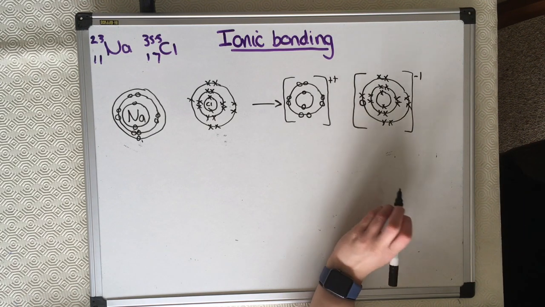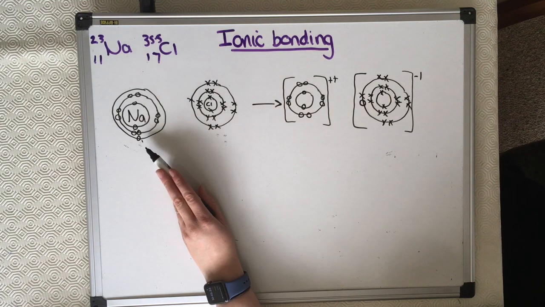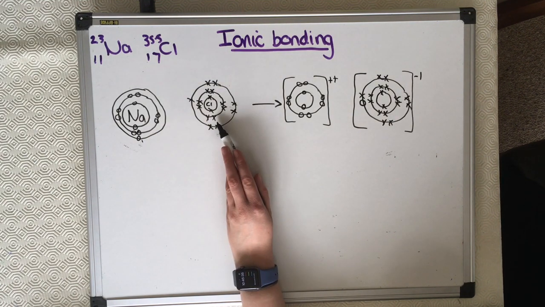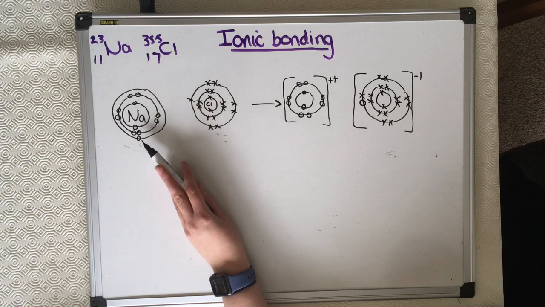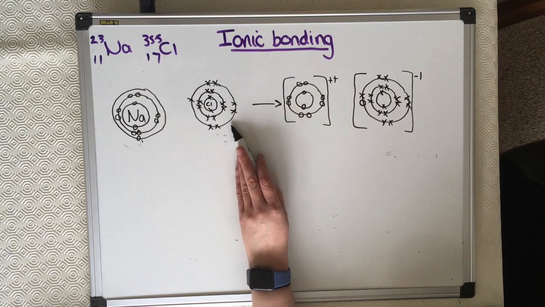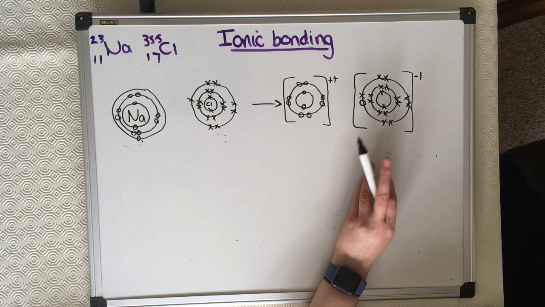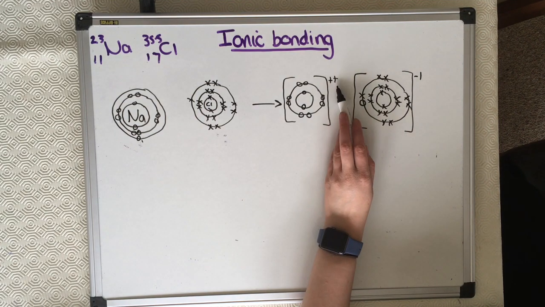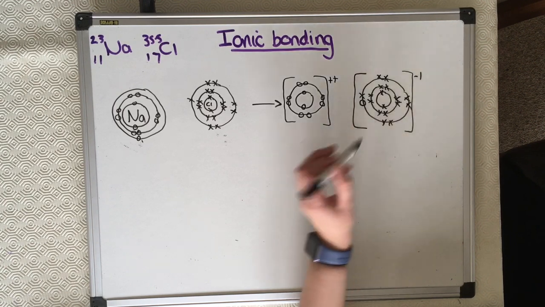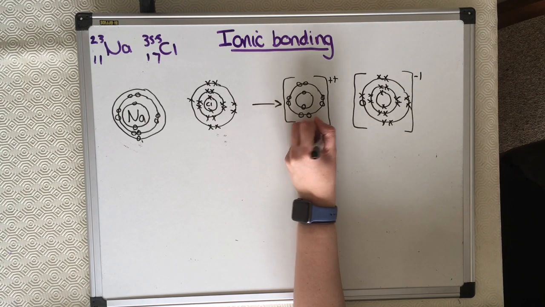Now, what's happened for this ionic bonding to happen is Na has lost 1 electron and Cl has gained 1 electron. You can see that in the diagram. Na from there to there has lost 1, and Cl from the diagram of the atom to the ion has gained 1. What makes it ionic bonding and not just 2 ions is that there's a positive one and a negative one, and that causes something called electrostatic attraction.